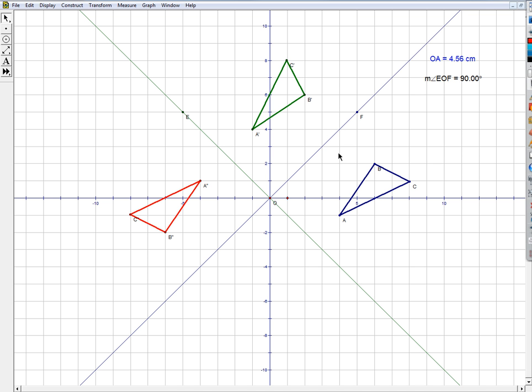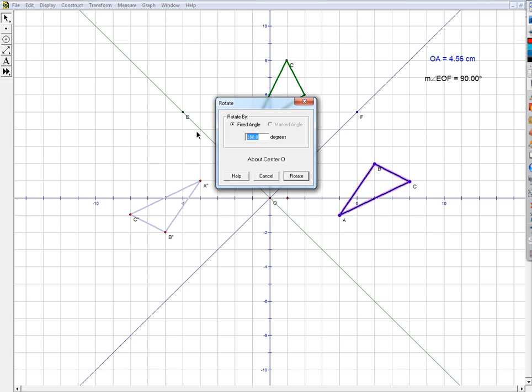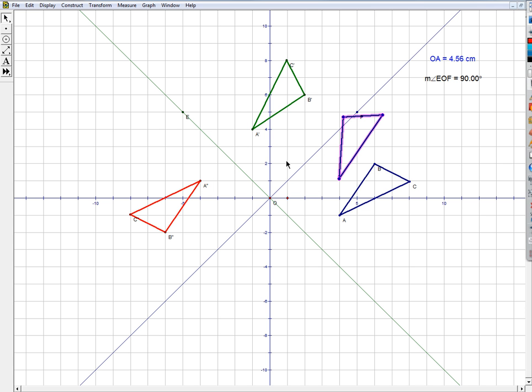So for example, if I want to rotate the blue triangle 30 degrees, look what it does. It rotates it about the origin because that's our center, but it rotates it this way. That's considered to be the positive direction.